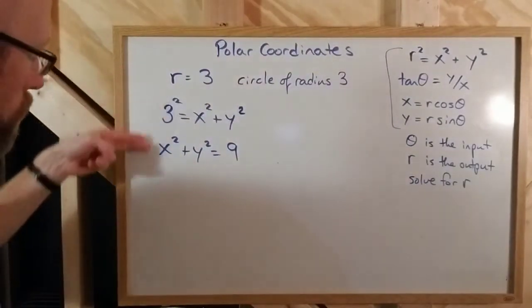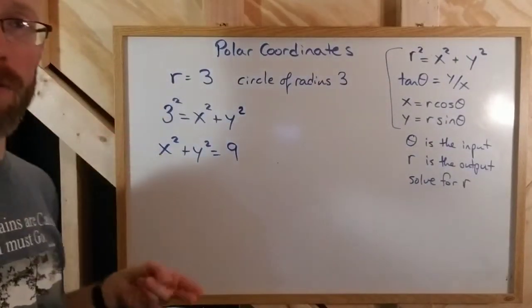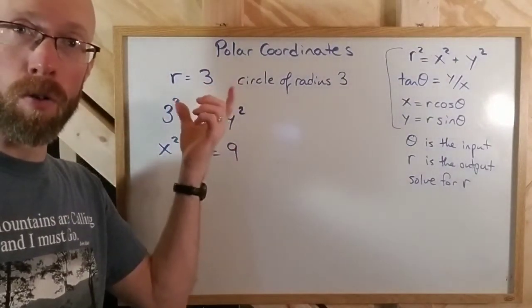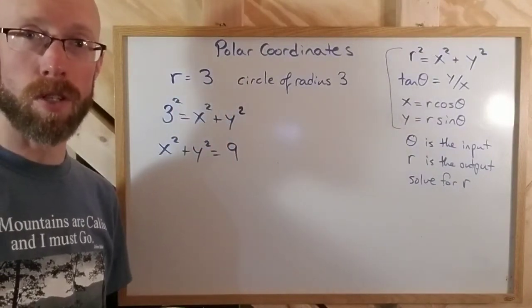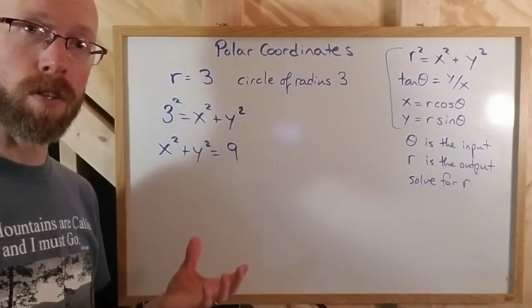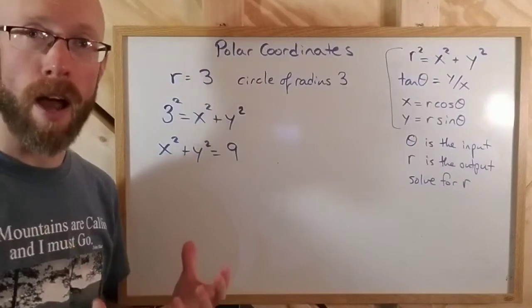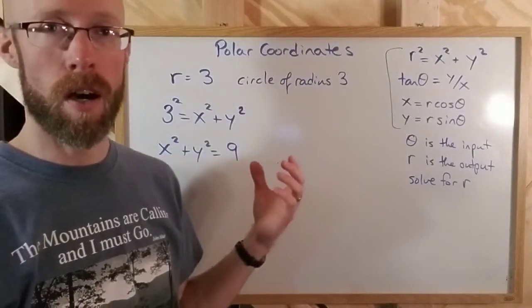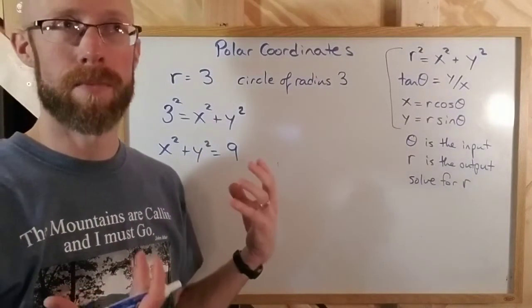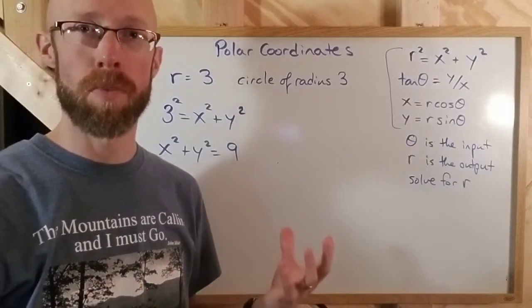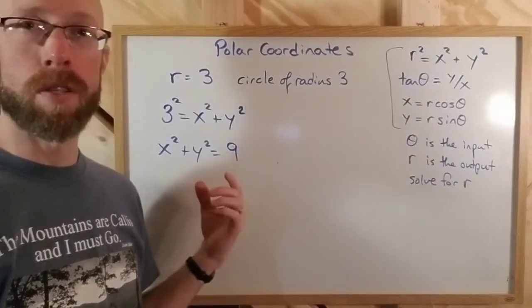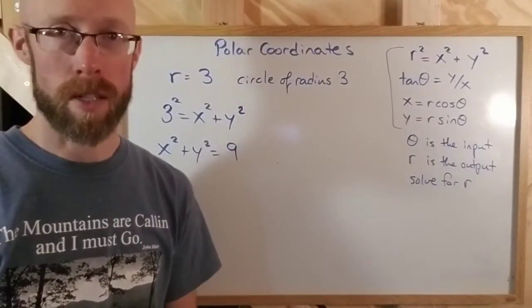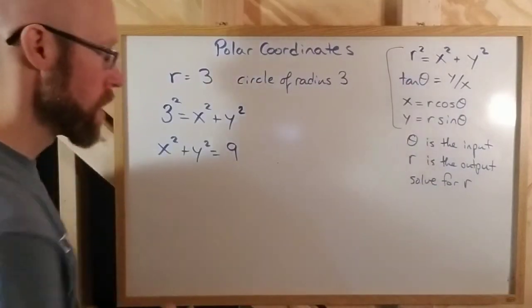Now, if you look at the two equations, the polar form and the rectangular form, clearly I would say the polar form is the simpler of the two. Okay, so there are definitely certain shaped graphs that have a more simple polar form, and some will have a more simple rectangular form.